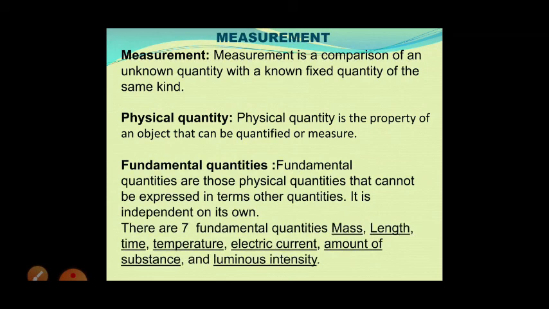With the help of these 7 fundamental quantities, we can derive all the quantities we use to measure things, like speed, velocity, acceleration, force, energy. These are all derived quantities.